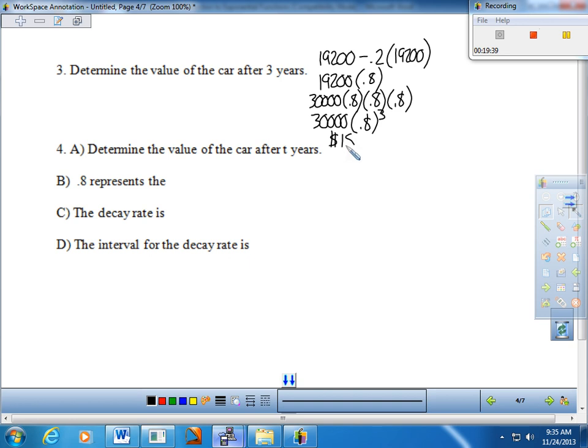Cool. Now again, I don't want to have to go year by year by year. As you can see, that's a little time consuming. So the question is, could I just go ahead and write myself a model for any number of years, for T years? So the value of the car, again, do what you want. You can do an A again, or just a y equals or whatever you want there, but the value of the car, I'll go v. That's fine.